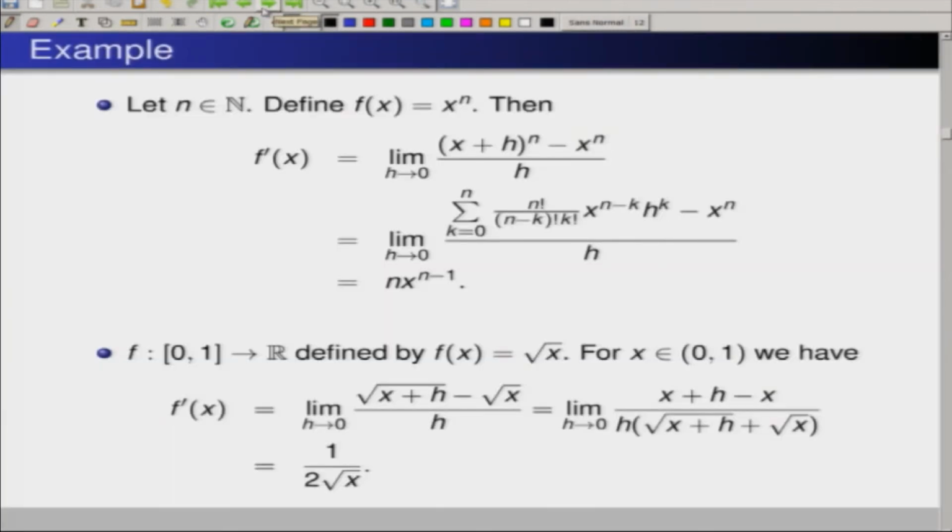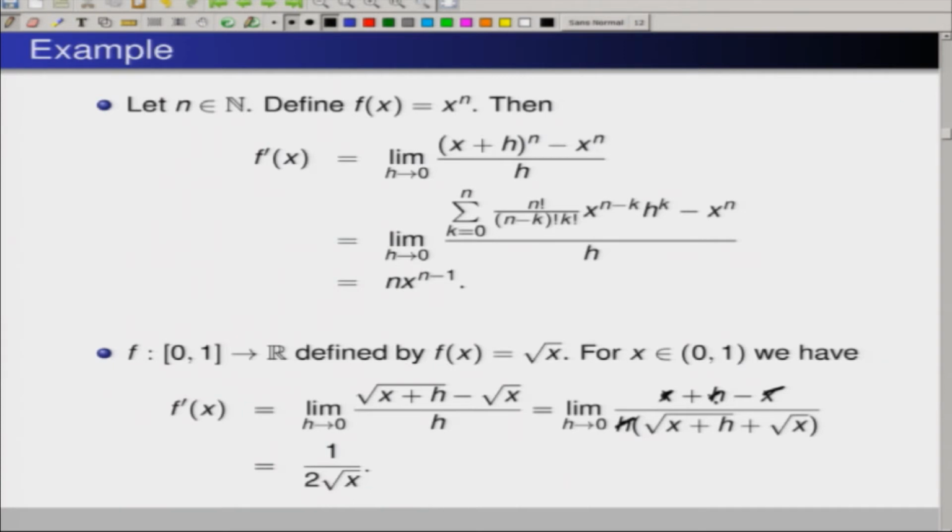To get rid of the problematic square root of x plus h, I multiply and divide by the square root of x plus h plus the square root of x. Then this is a minus b into a plus b, so this square minus this square, which means x plus h minus x, divided by h times this. Now you can see that this h and h get cancelled, so we have 1 by the square root of x plus h plus the square root of x.